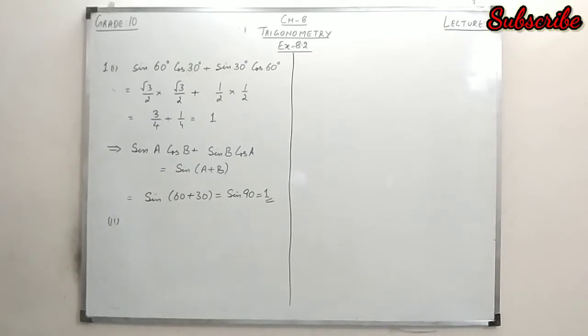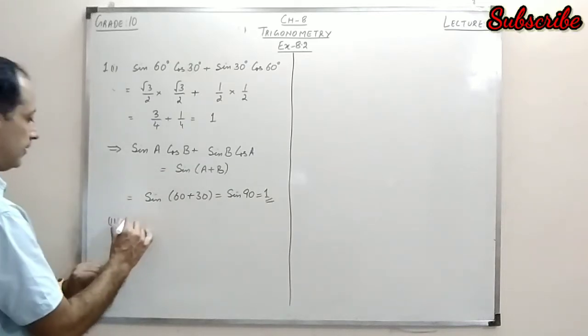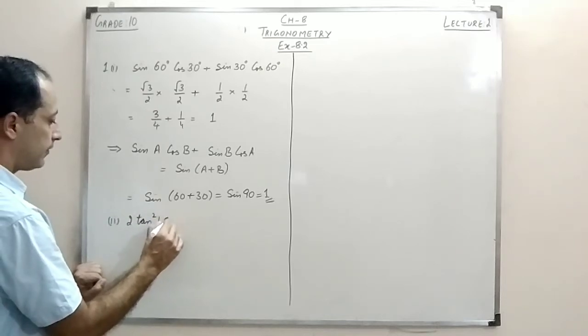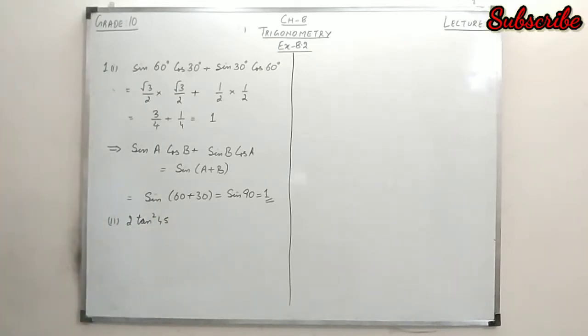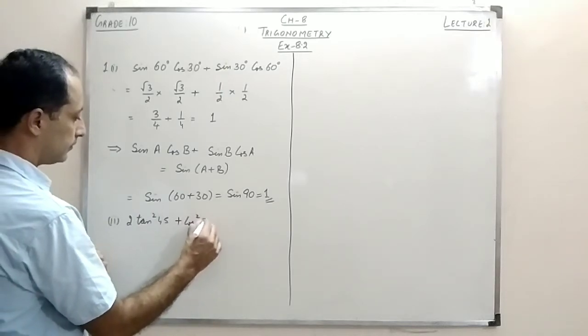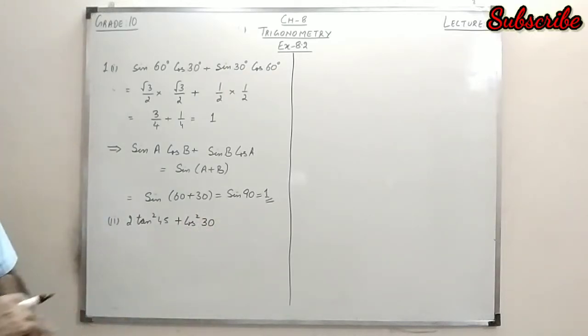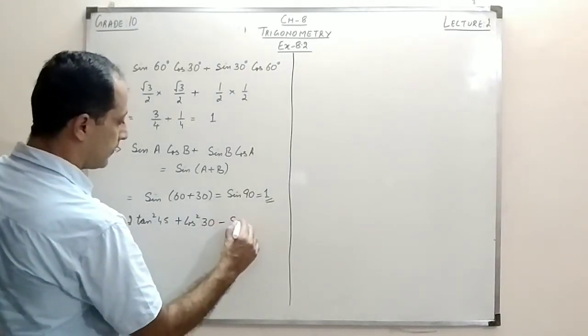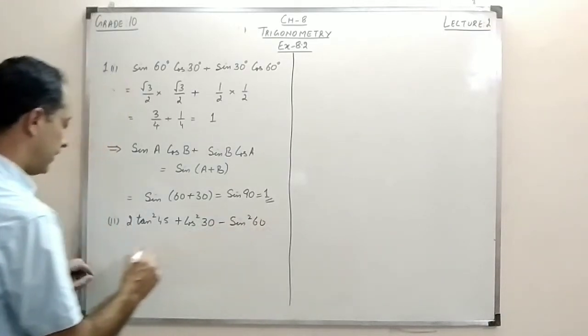In the second part is given 2 tan square 45 plus cos square 30 minus sin square 60. So let's put the values.